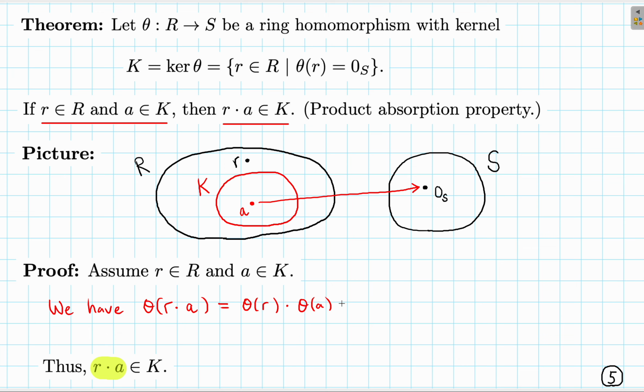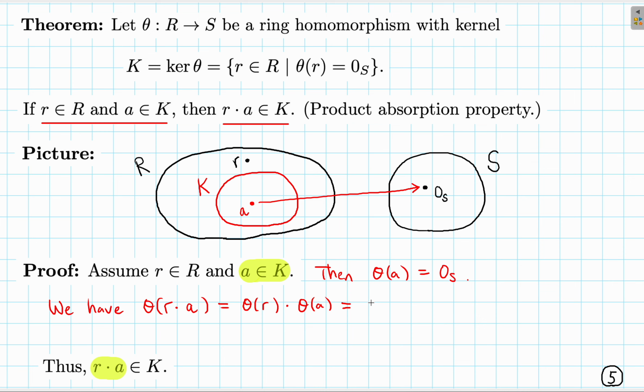Now, what can we say about this? Well, a is already in the kernel. In other words, theta of a, as we can see in this picture, is equal to 0 sub S. And in fact, let's write that early on in the proof. So here we can say then theta of a is equal to 0 sub S, since we'll be using that right here.